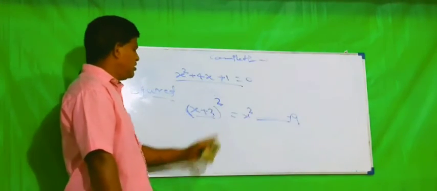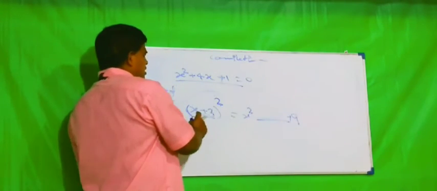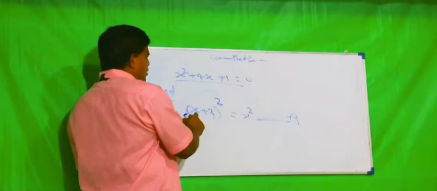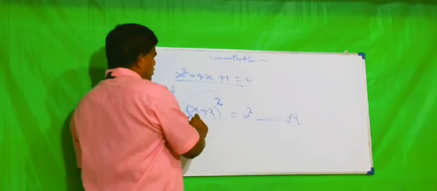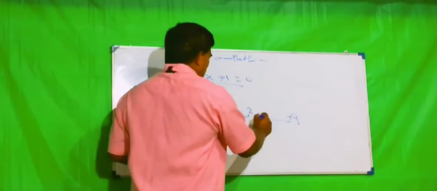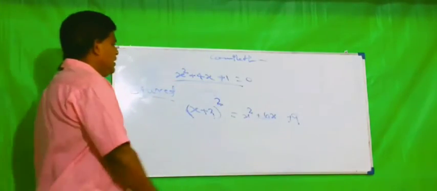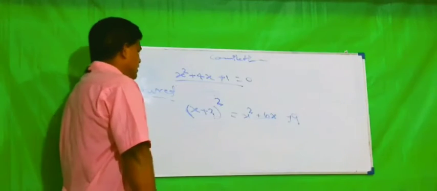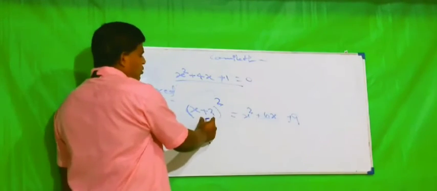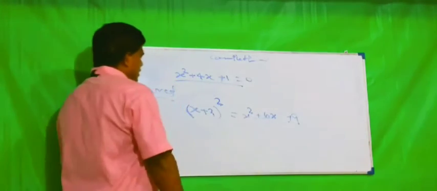So take the product initially, the product of x and 3. The product is 3x, then twice of it is 6x. So the midterm is obtained by that method: twice the product.